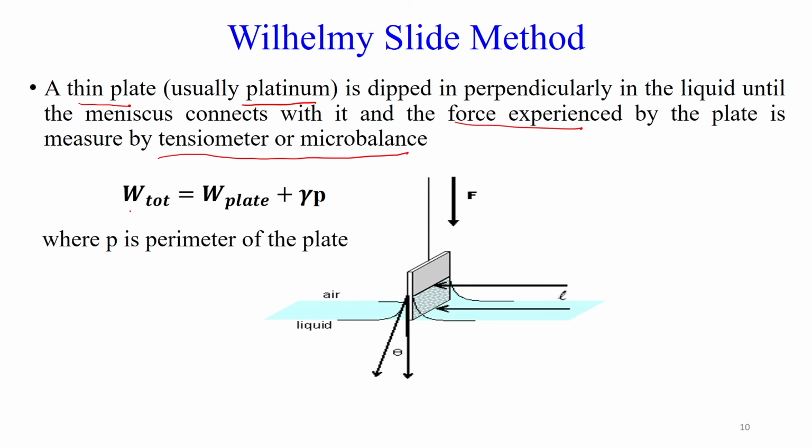So, W total will be the weight of the plate plus the additional weight coming because of the surface tension, surface tension into, of course, the perimeter of that particular plate which is used for this experiment.